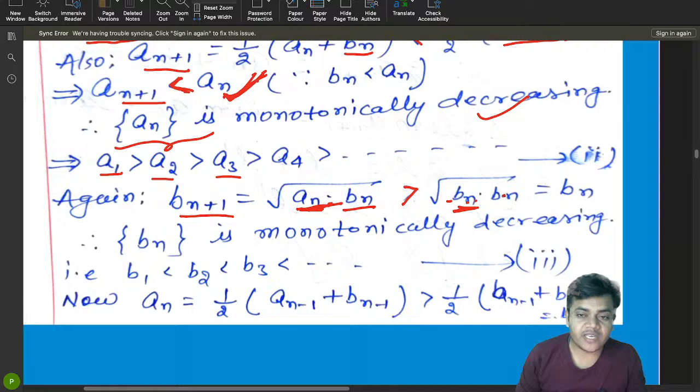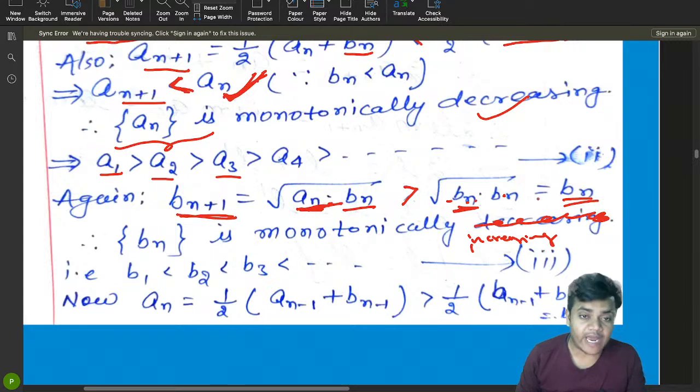So this is bn squared to the power 1 by 2, because under square root these things are over here. So bn squared to the power 1 by 2 will be bn. Hence we can see this is monotonically increasing, not decreasing. Sorry, this is monotonically increasing. Why? Because b(n+1) is strictly greater than bn.